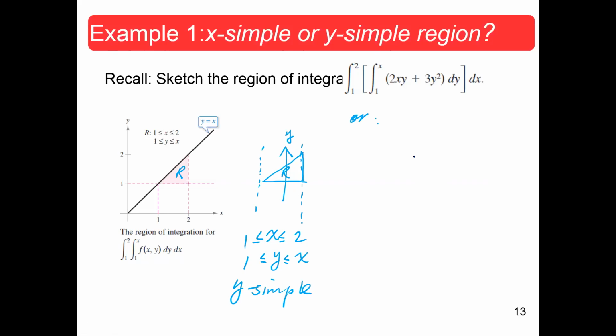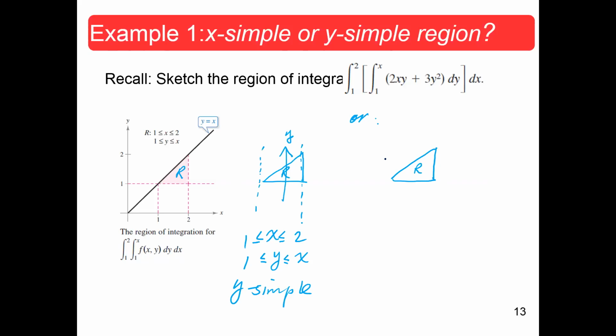However, due to its shape, the shape is pretty symmetric. So if I redraw the shape here, R, can I also treat it as x simple? If that's the case, how do we express this in an x simple way? Would you just use the 1, 2 values?